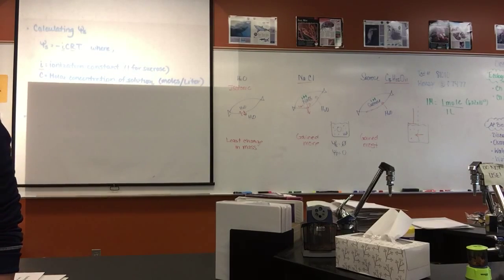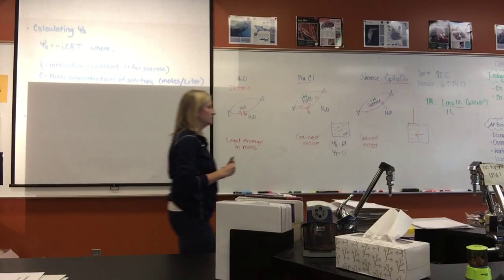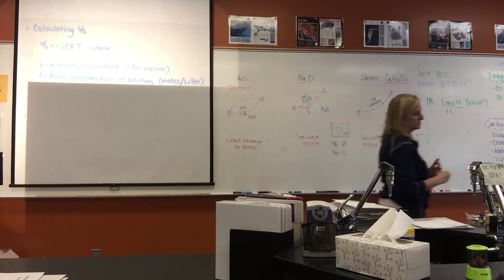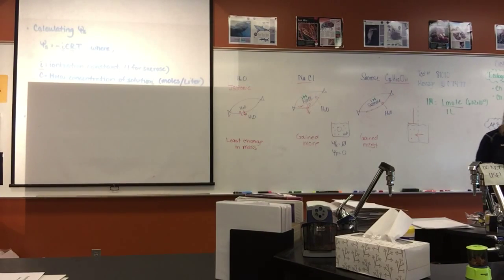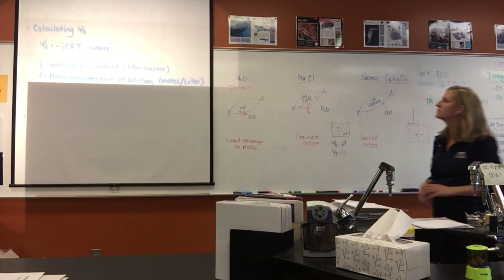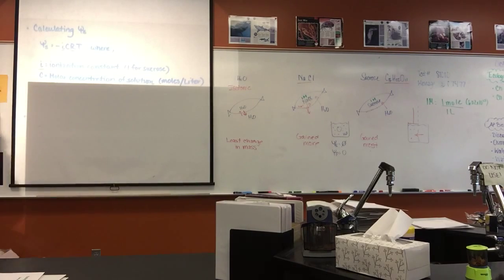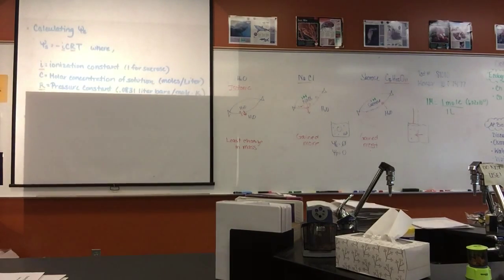C stands for the molar concentration of the solution. Molarity is measured in moles per liter. R is the pressure constant, and this is always going to be the same.